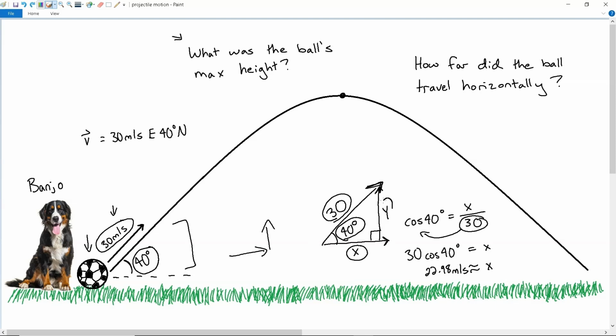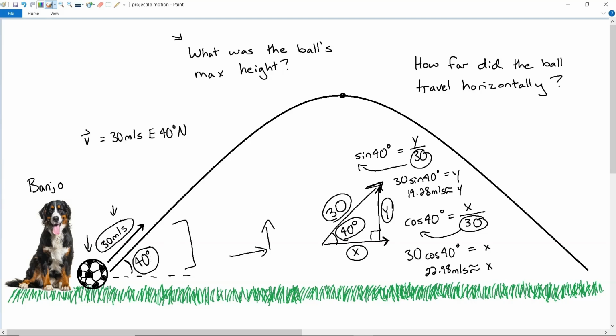If we want our vertical velocity, we are going to have to use the sine ratio, because if I set up sine 40 degrees, the ratio is going to include the opposite side of the triangle, which is y, over the hypotenuse. Once again, I can isolate for y, and my value will roughly be 19.28 meters per second.